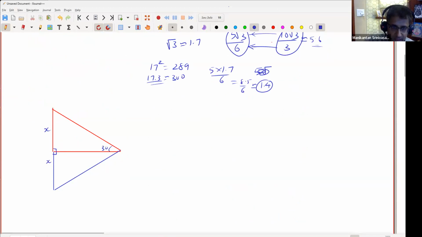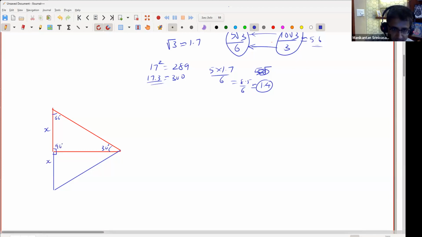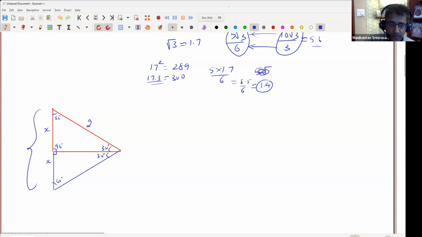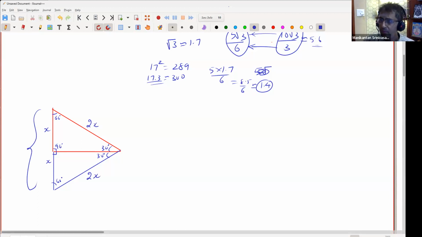And because this is 30, and because this is 60, and because this is 90, and because this is a reflection, this is also 30 here, and this is also 60 here. Okay, now the full big triangle is an equilateral triangle. So if this length is 2x, this also has to be 2x, and this also has to be 2x. Right, Ranveer? Yeah, you can just use your thumb also just to show.